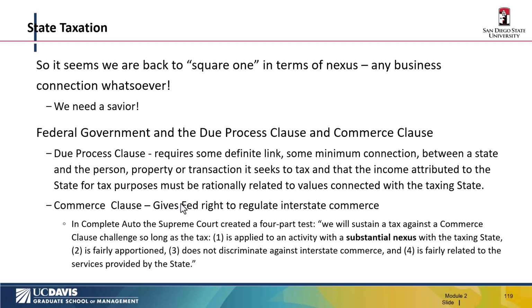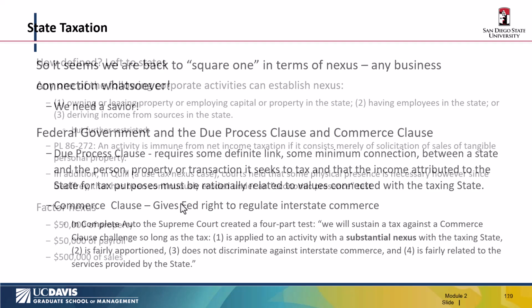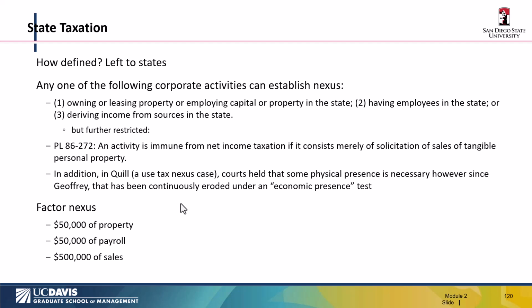2, it's fairly apportioned. 3, it does not discriminate against interstate commerce. And 4, is fairly related to services provided by the state. Okay, so with those 2 backstops in place, we at least have some protection, right? So again, how do we define significant nexus? Well, it's still left to the states. So what we know for sure is that any one of the following corporate activities will establish nexus.